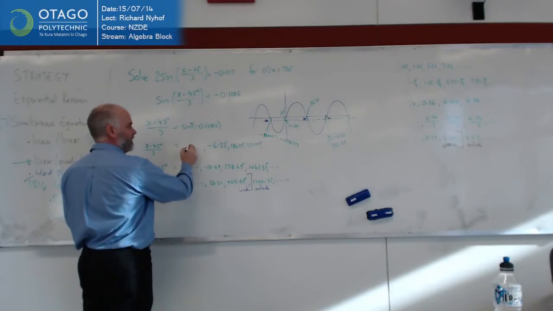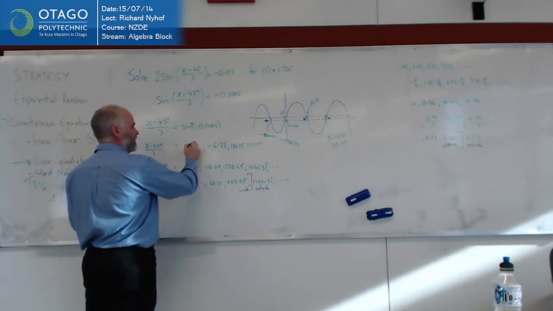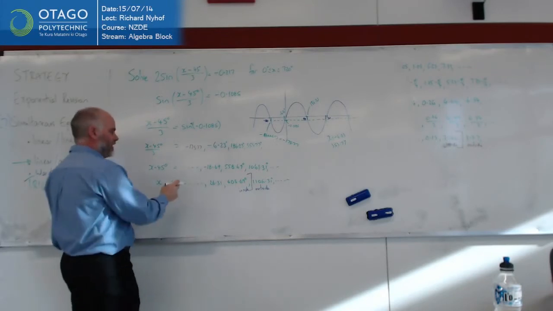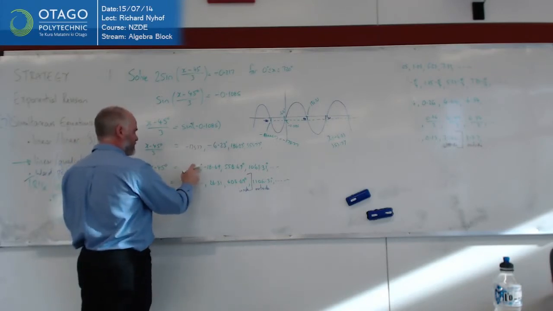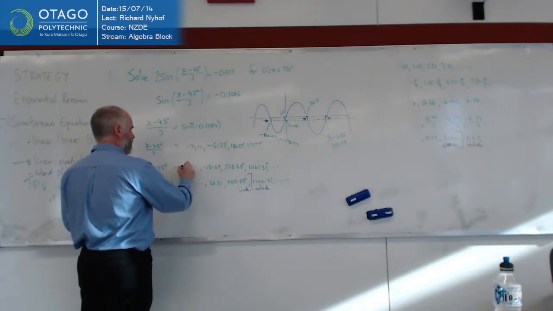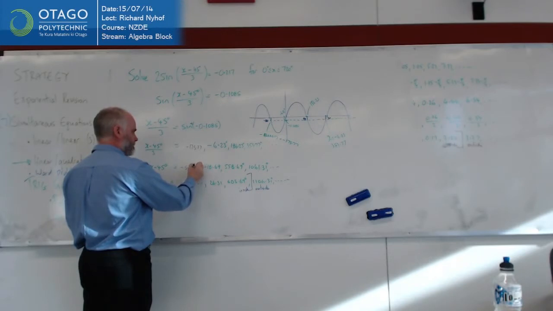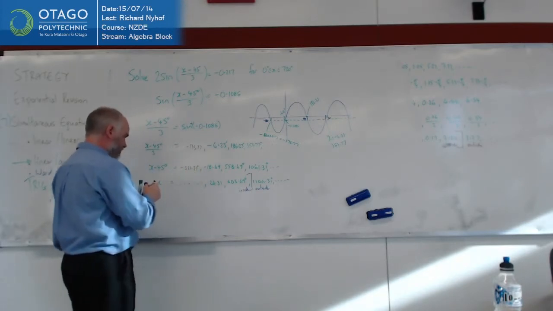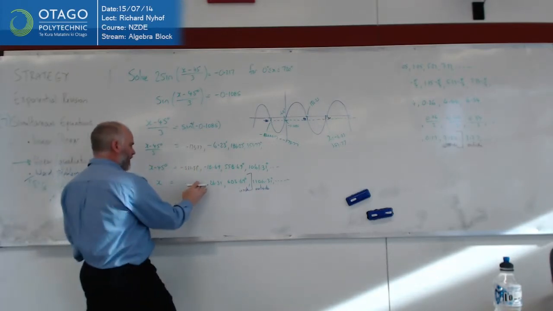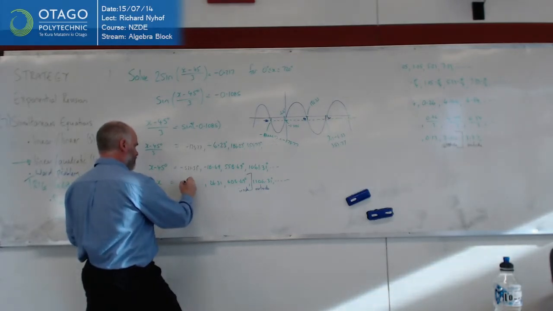So we've got an extra answer here, negative 173.77. If we multiply that by 3, we're going to get negative 521.31. Brilliant. And if we add 45 onto that, we're going to get negative.